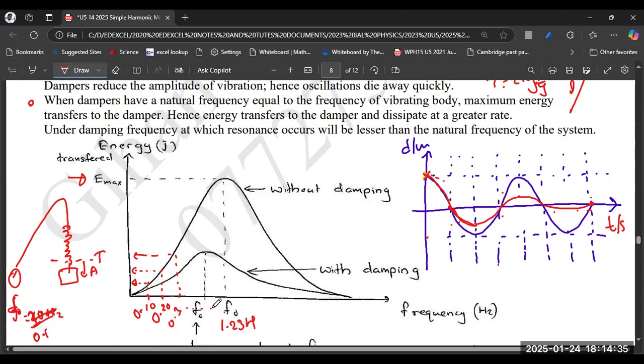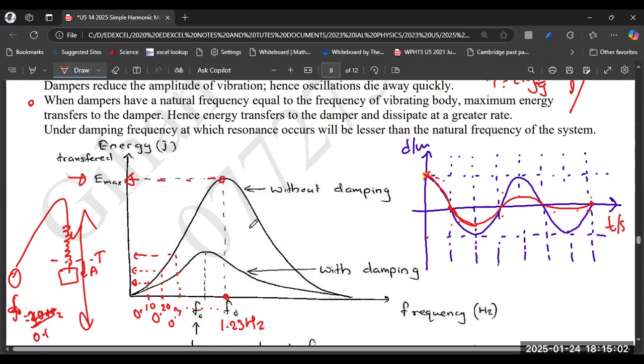Now I can increase that value. Ultimately, the place where I get 1.23 hertz for that particular spring mass system, at that moment I will see that it is vibrating with its maximum energy and amplitude. So it would have the greatest energy, maximum kinetic energy, maximum potential energy.